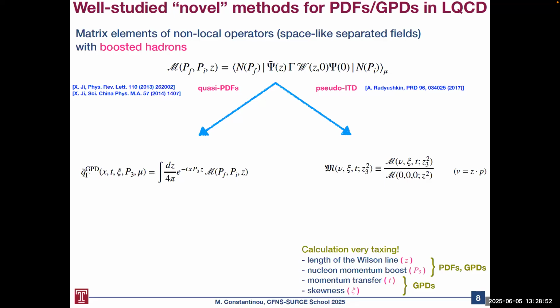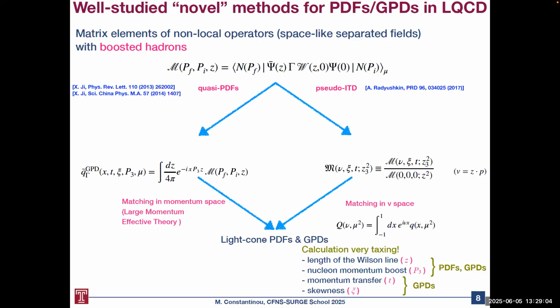However, they have differences in the UV regime. And that also is very positive because the UV regime can be calculated perturbatively. So what these methodologies say is that take now these matrix elements that have the right infrared physics, that have the right non-perturbative physics, and apply a correction to them to match them to the light cone.